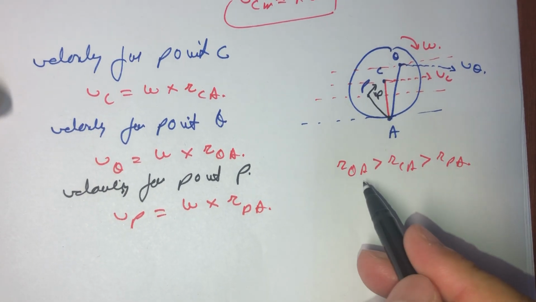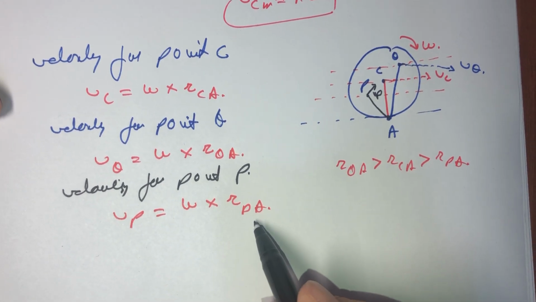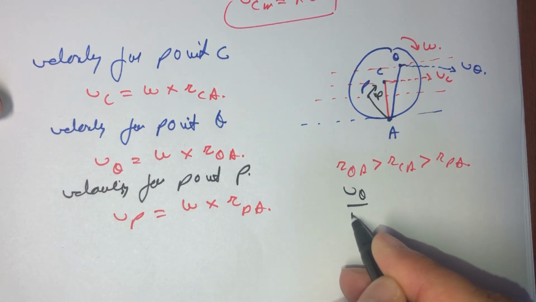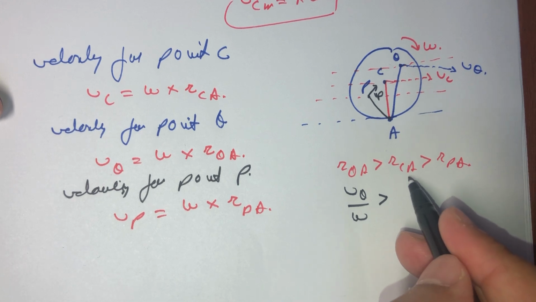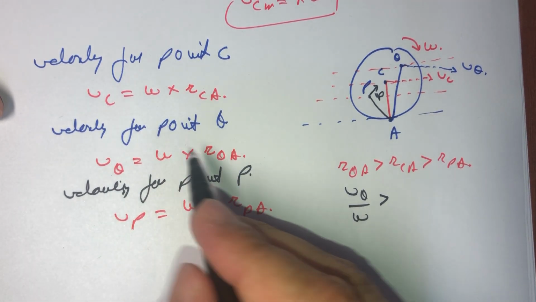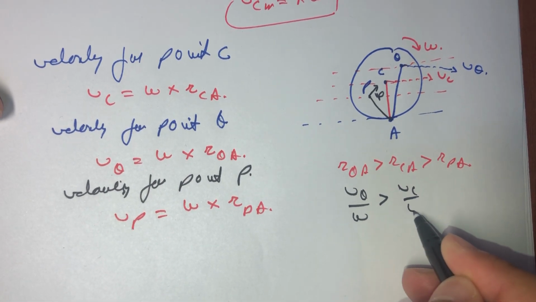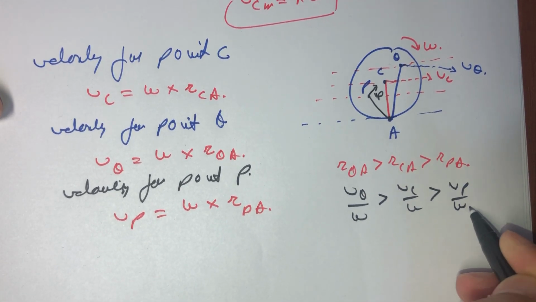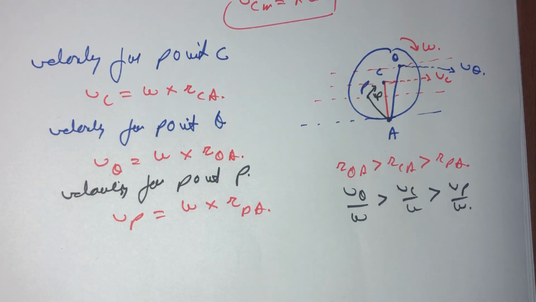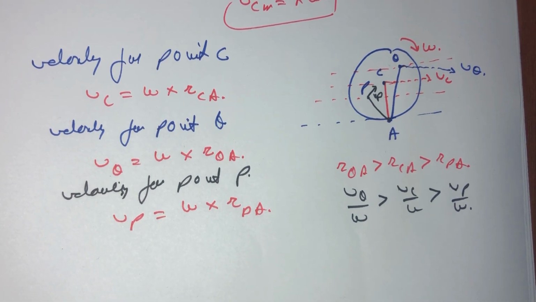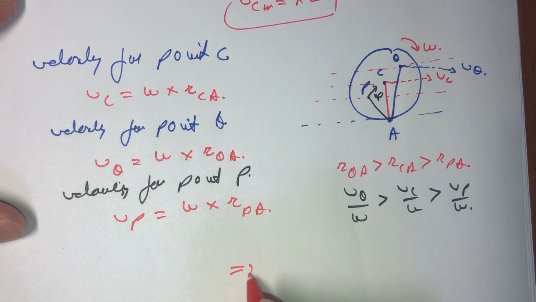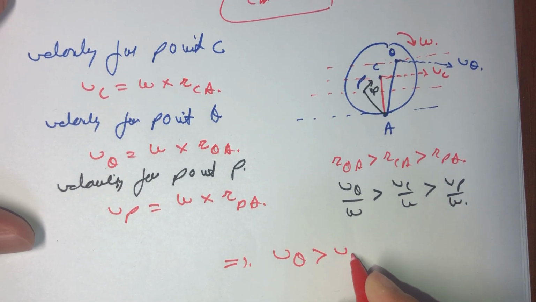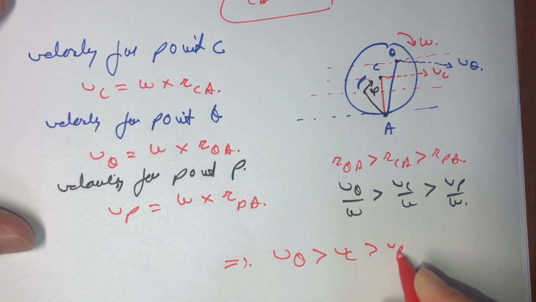We get RQA, which is VQ upon omega, is greater than RCA, which is VC upon omega, and this will be greater than VP upon omega. Therefore, we get the final answer, which is VQ greater than VC greater than VP.